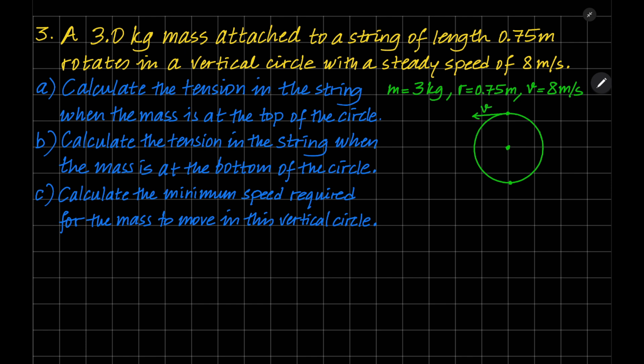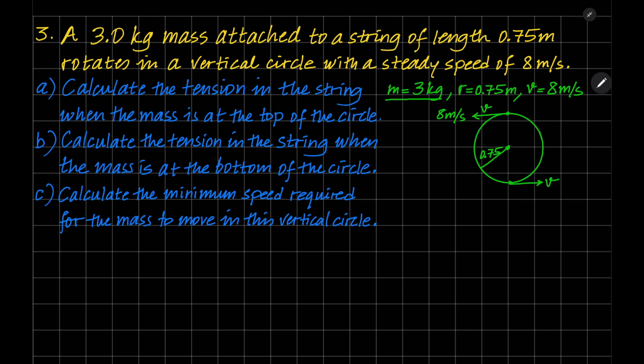Velocity, and this is the minimum point. And this is the radius, r, 0.75 meters. Velocity is 8 meters per second. The mass is 3 kilograms.